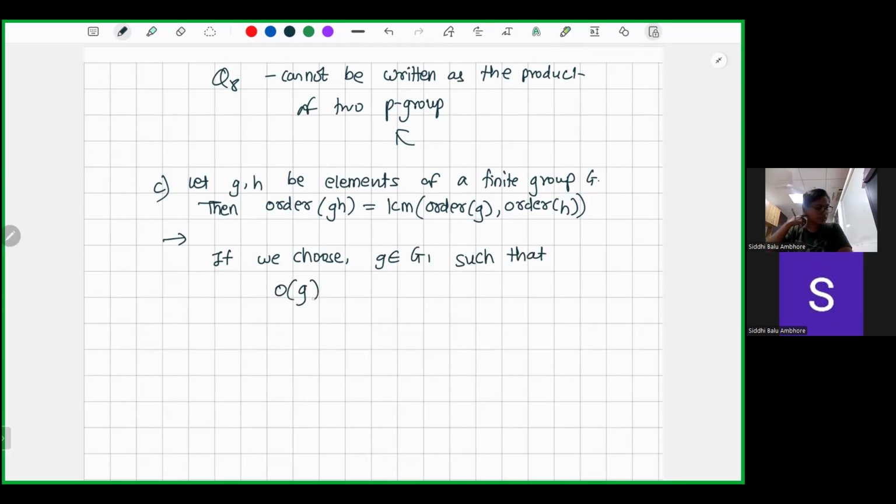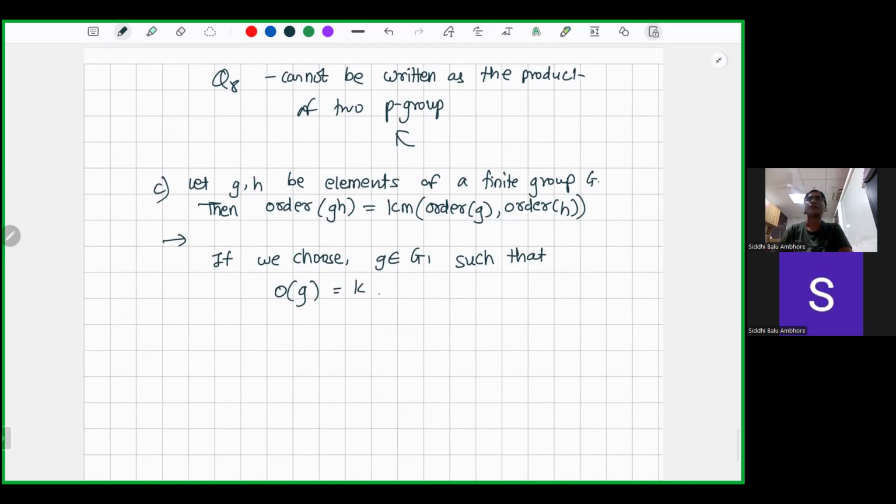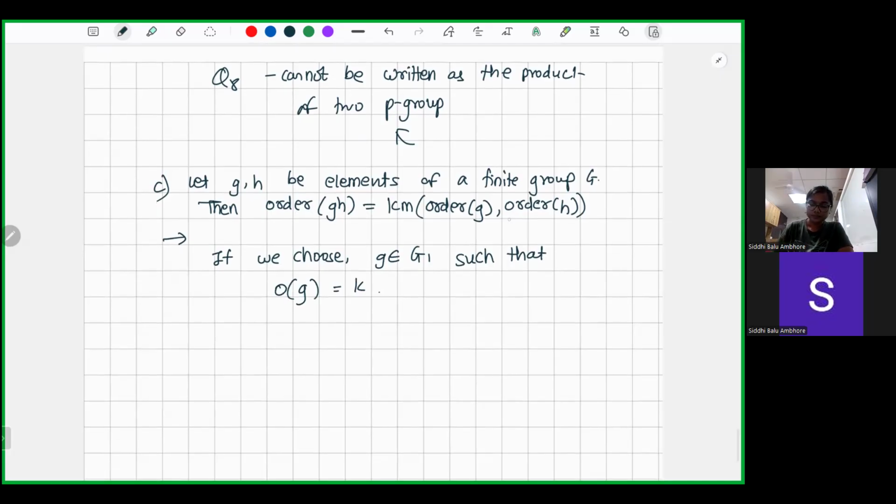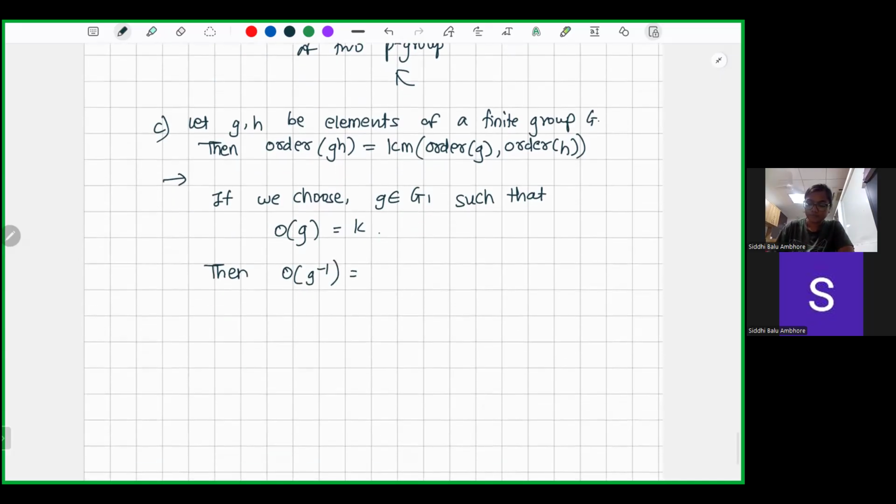order of G is some K, okay, then note that we also know that if order of G is K, then order of G inverse will also be K. We know that, this we know.